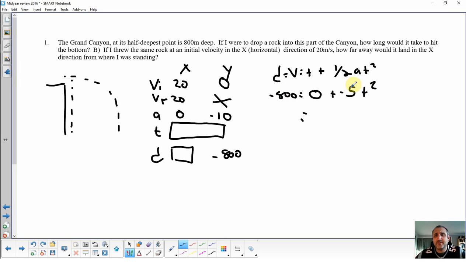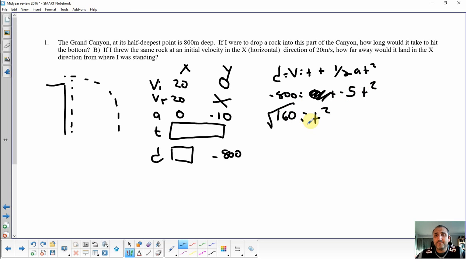Again, 800 over negative 5. If I can do the math in my head, I'm going to end up with 160 equals t squared. Okay, I love using negative 10 instead of negative 9.8, but that's me. And again, negative 5 and a negative 800, the 0 goes away. You're going to divide both sides by negative 5 to get 160.